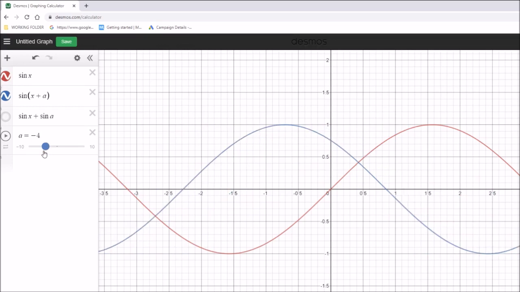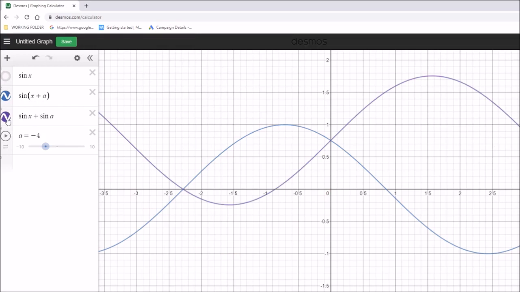But we're interested in this new function sine of x plus a. Now sine of x plus a is not the same as saying sine of x plus the sine of a. In fact, we can have a look at that just now. We know that this here is the function sine of x plus a. So what would be sine of x plus the sine of a? Well, that would be this function here.